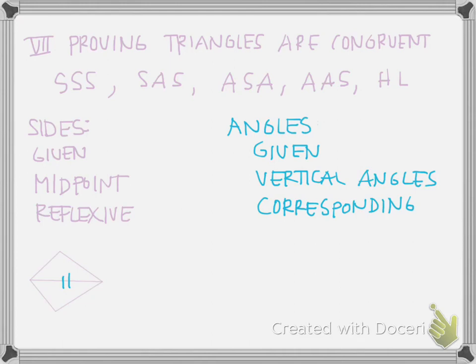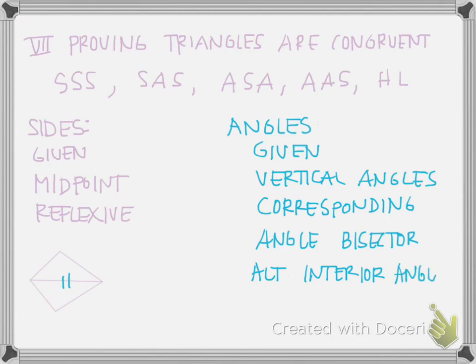Angle bisector. And then alternate interior. So that's all reasons why angles could be congruent.